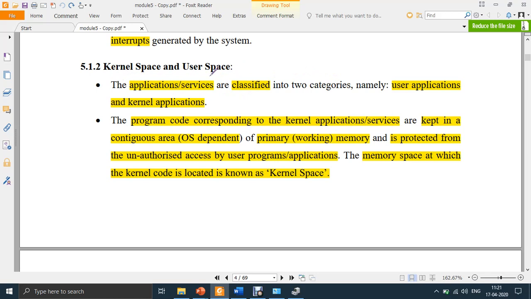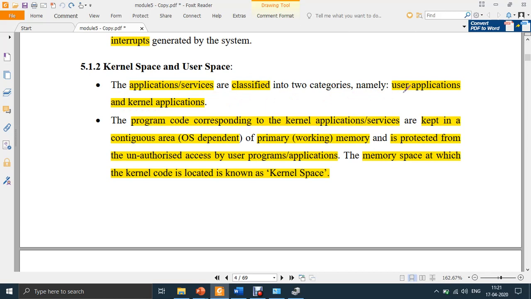As soon as it is space, remember he is talking about the primary memory space. Suppose there is 1 GB of RAM. That RAM will be divided into two spaces or partitions. The first partition is kernel space, and the second partition is user space. The application services are classified into two categories: user applications and kernel applications.